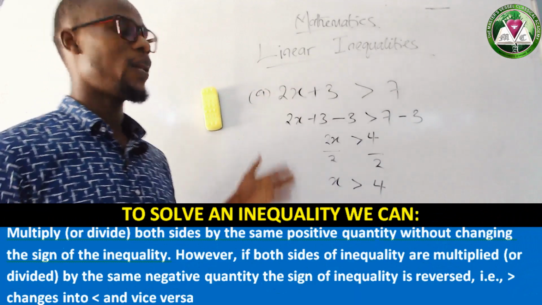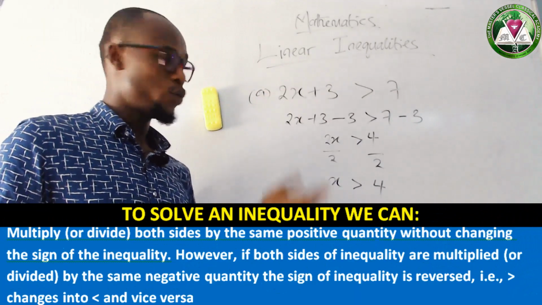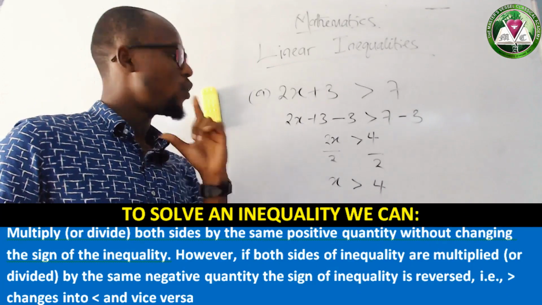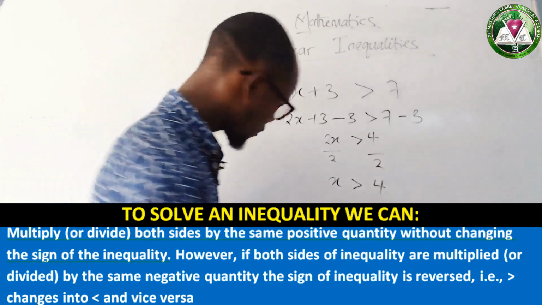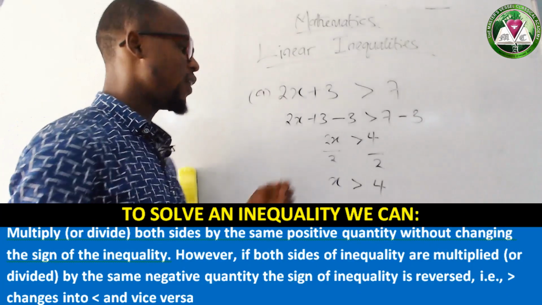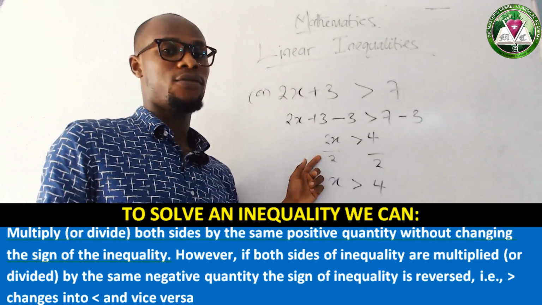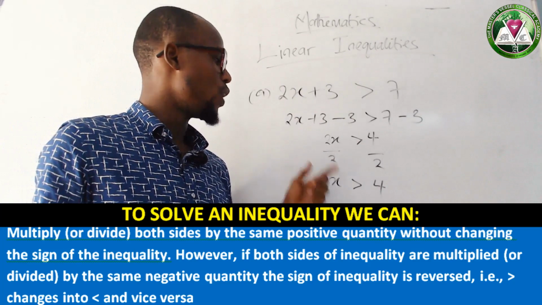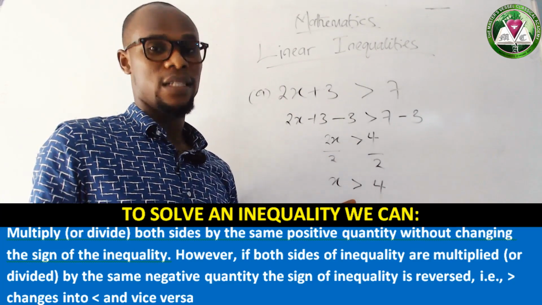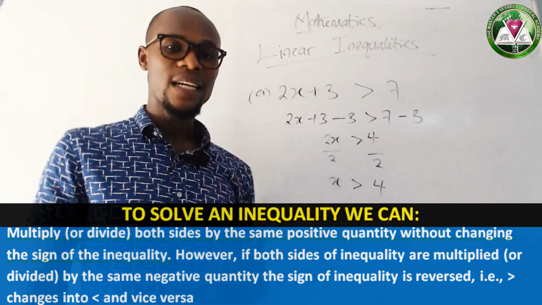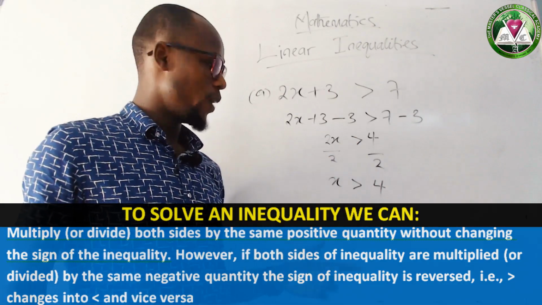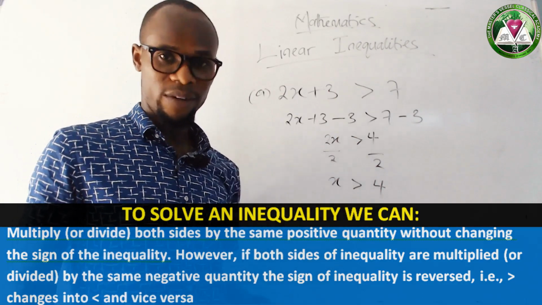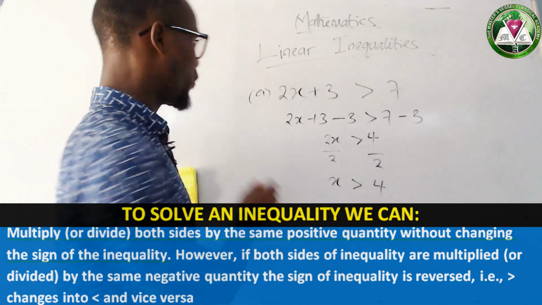The same method applies as when solving an equation. The only difference is that we divided by a positive number, 2, and the inequality sign remains the same. But when we divide or multiply by a negative number, the inequality must be reversed, which we'll see in our next example.